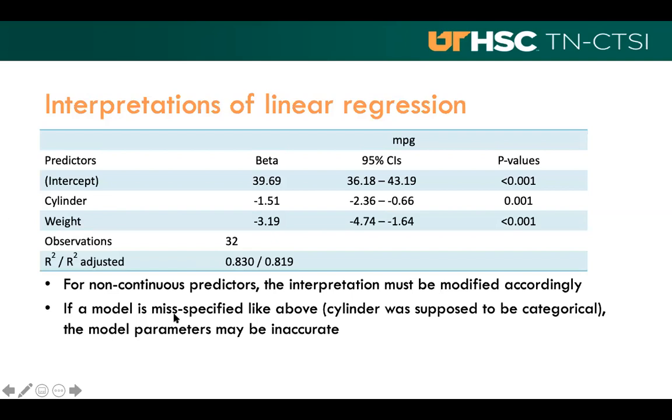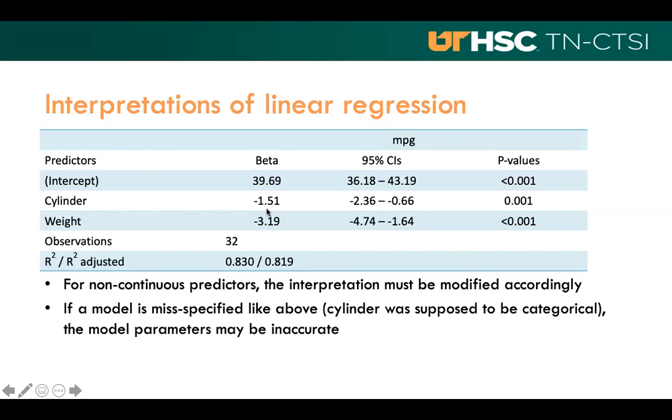This is a different regression table output, but in this case, instead of considering cylinder as a categorical variable, we took it as a continuous variable. So this is when you end up misspecifying the model. If you misspecify the model, considering cylinder as a continuous variable, you get certain beta coefficients, and those beta coefficients are not valid.